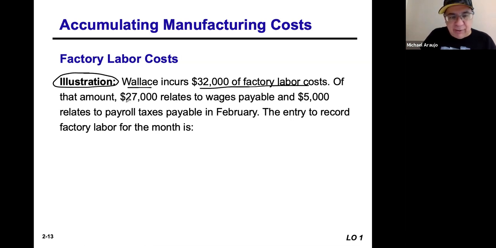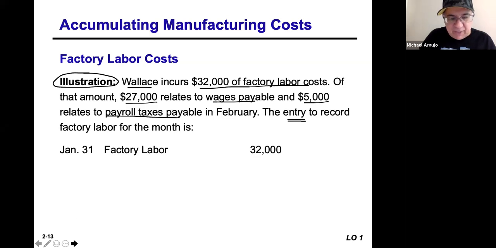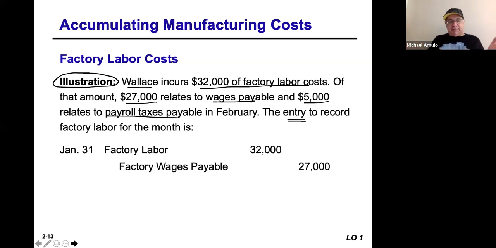Of that amount, $27,000 is for wages payable. $5,000 is for payroll taxes payable in February. So what's the journal entry? Oh my God, I said the word journal again. You might journal that, but you'll see. Again, we're going to be working with journals in this class too. It doesn't go away because you're not in financial. So this is what it looks like.